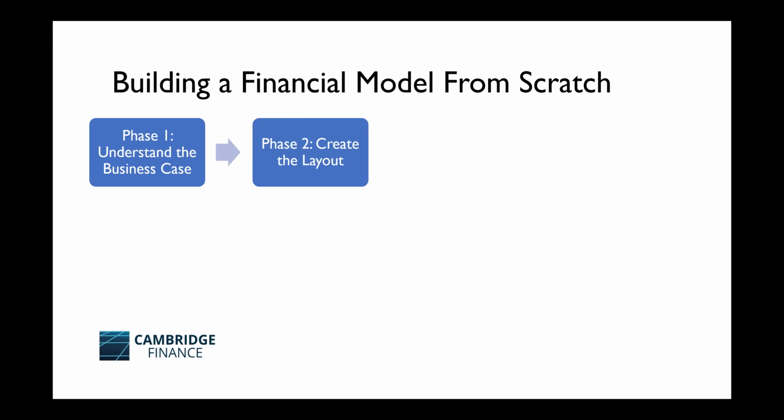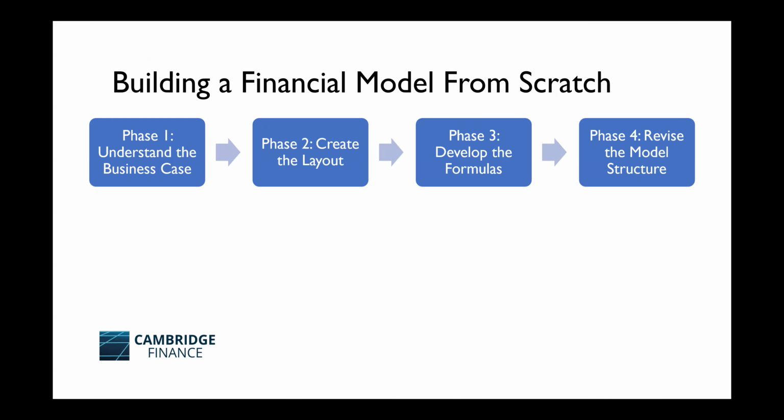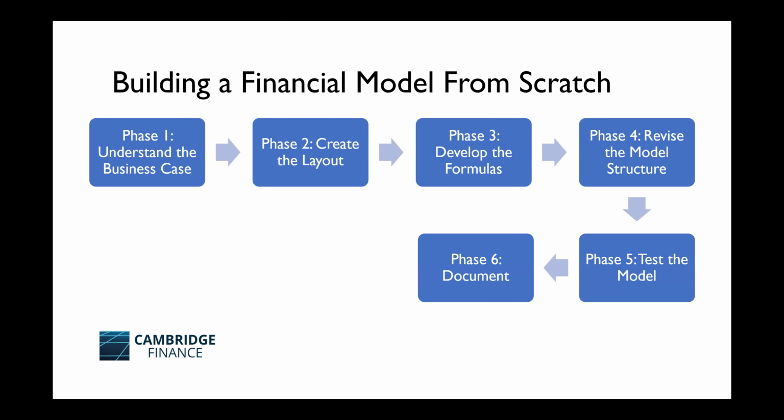Then create the layout, then develop the formulas, then revise the model structure, then we need to test it, then document it, and then we can deploy it. And my joke is always, and then be rich and famous, right? But this is to start with. I want you to understand it is a process, and we need to be mindful of this process.